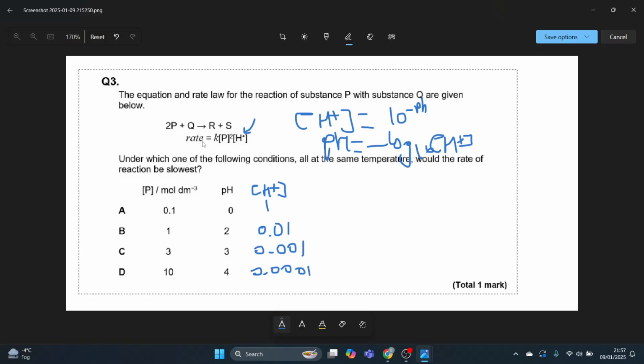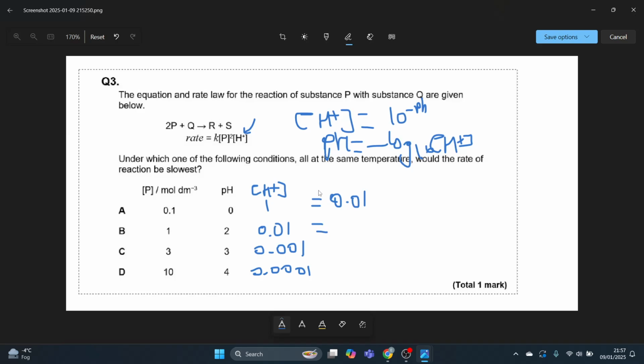All I do is substitute this in. So it's going to be P squared times the concentration of H plus. So it's just going to be 0.1 squared times 1, and the rate of reaction would be 0.01. In B, it's going to be 1 squared times 0.01.